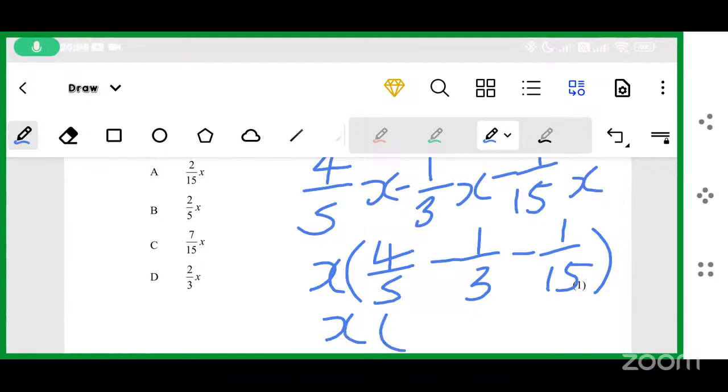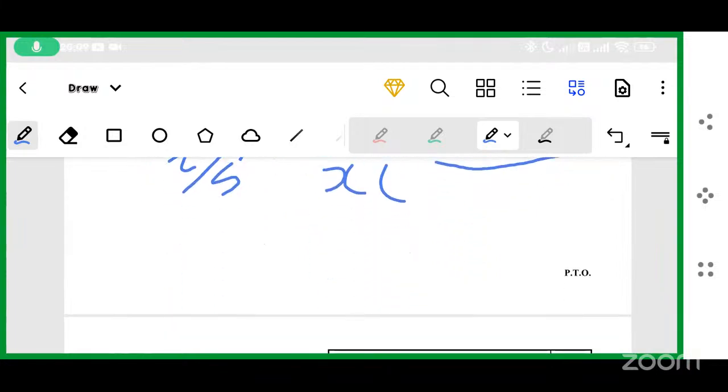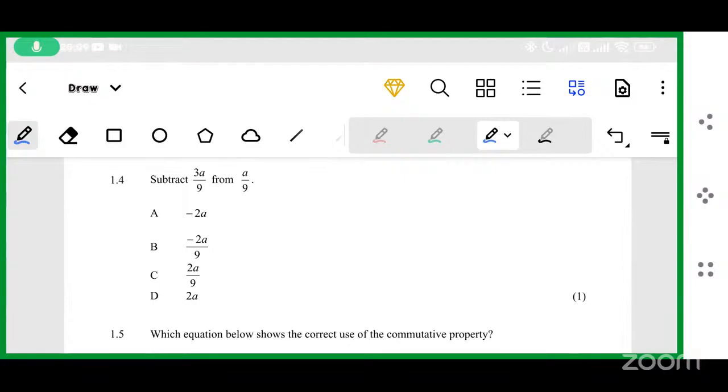So what do you get when you punch this in the calculator? Two over 5. Meaning that our answer is B. Correct.